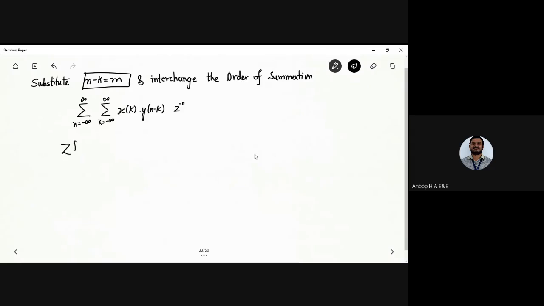So the Z transform of x of n convoluted with y of n is sigma k equals minus infinity to plus infinity, x of k z power minus k, multiplied with sigma m equals minus infinity to plus infinity, y of m z power minus m.